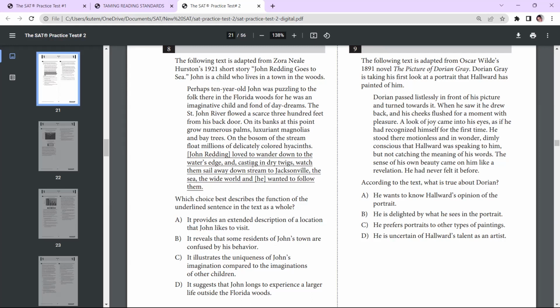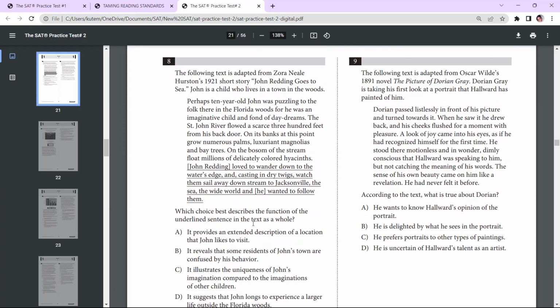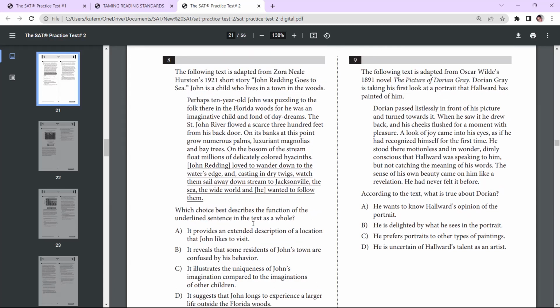Yes, definitely, because it says he was looking at the twigs and he loved to watch them sail away, and he wanted to follow them into this wide world. Okay. So D makes sense because it's the only one that even gives accurate information.